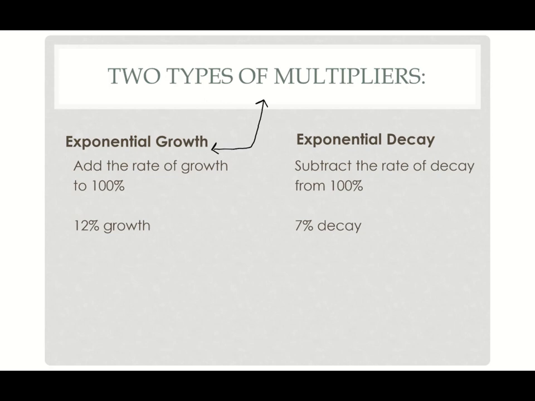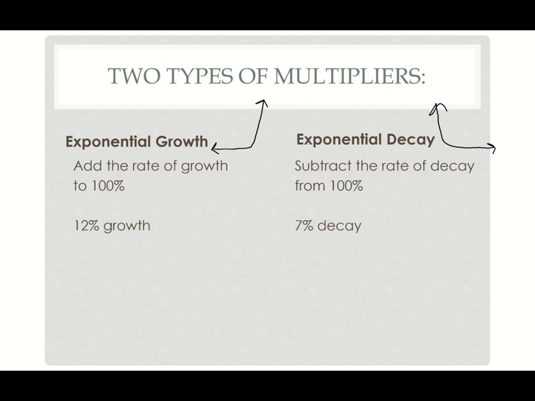Where exponential decay is going to start up high and get smaller as we approach 0. So exponential growth is going up and exponential decay is coming down. Remember, we always have asymptotes when we're talking about exponential growth and decay as well.